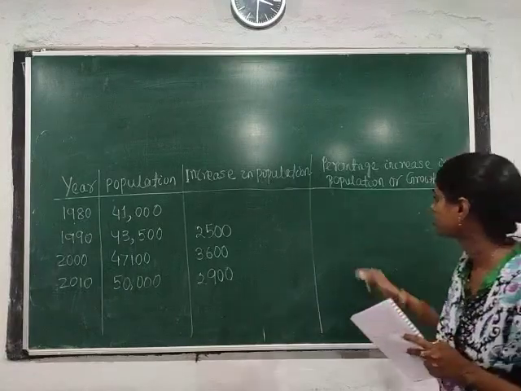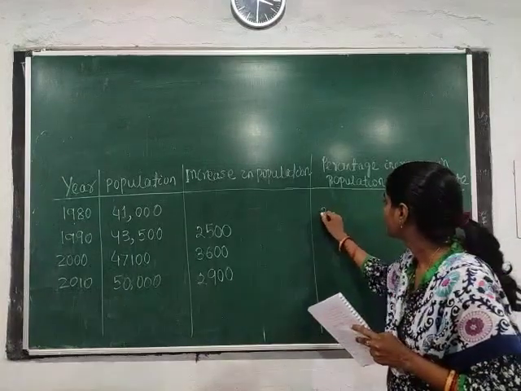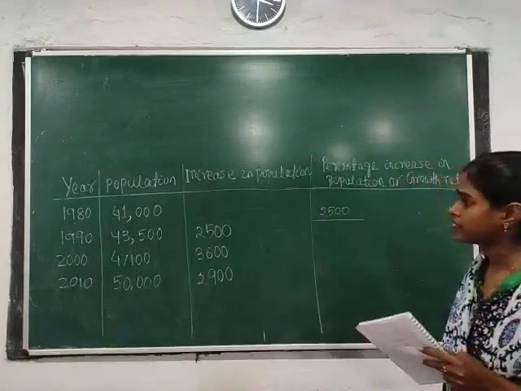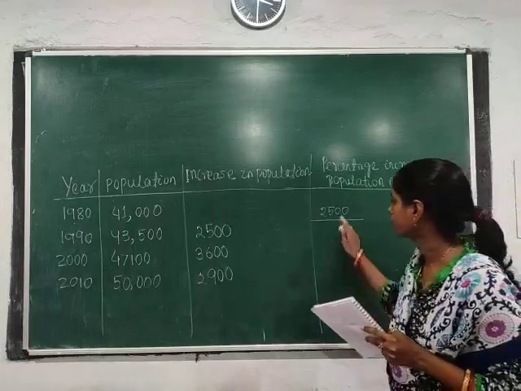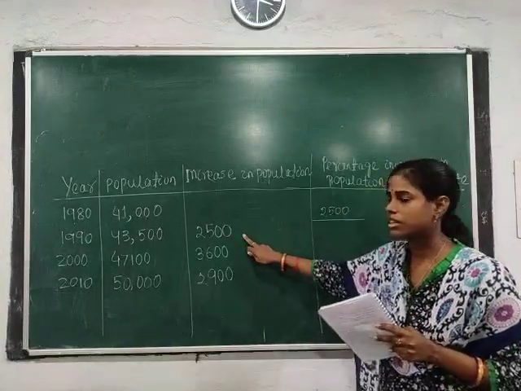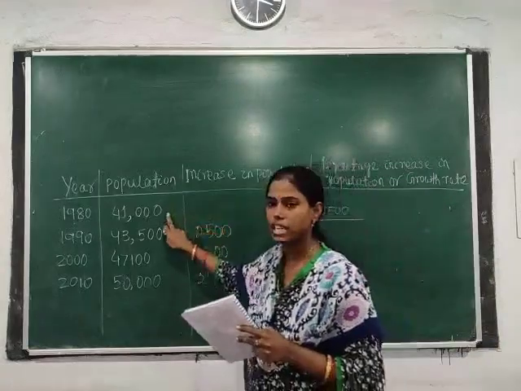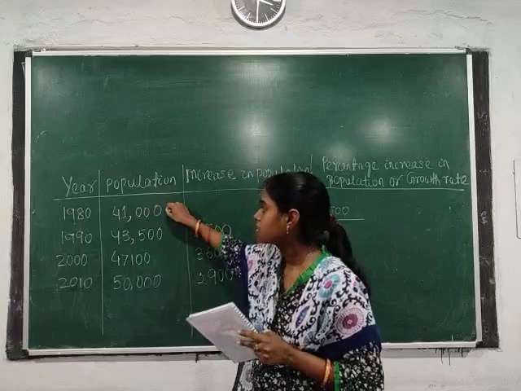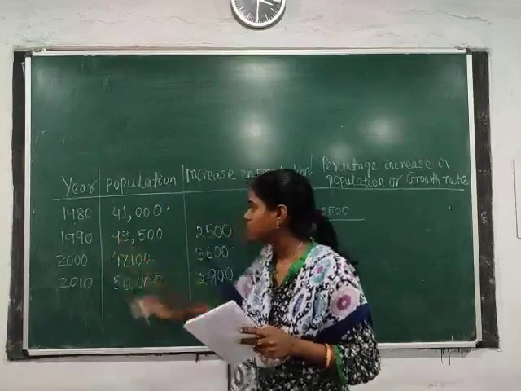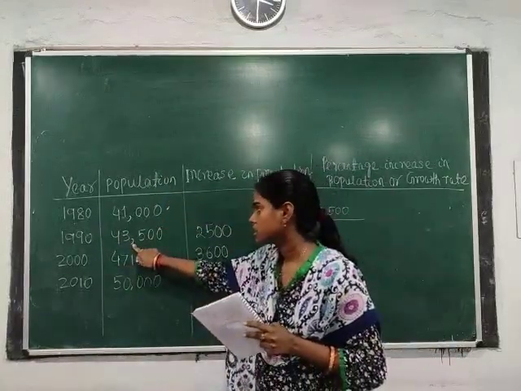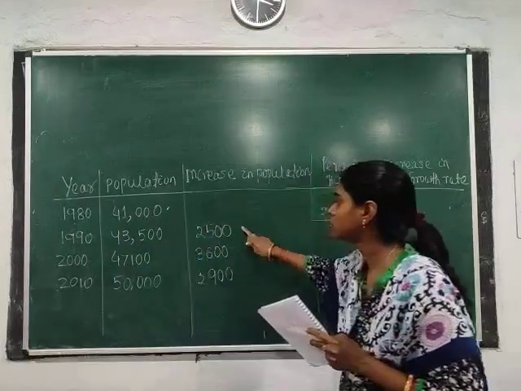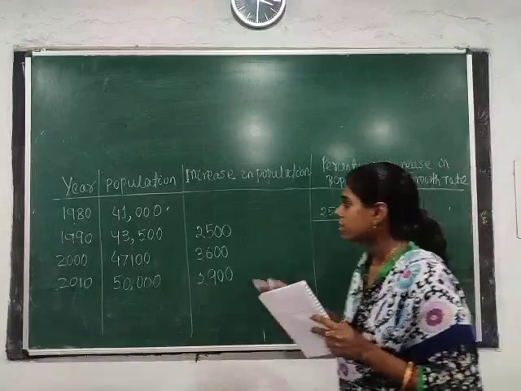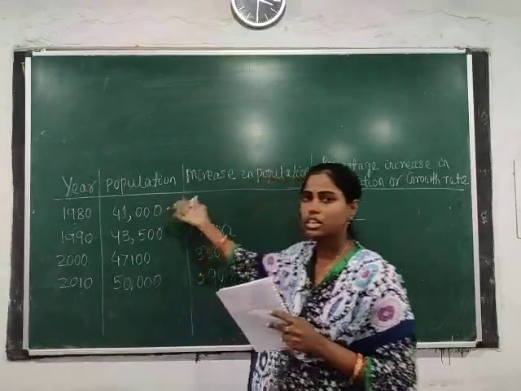As we have discussed, it is obtained by dividing the change in population for the first decade by the original population. The original population in 1980 was 41,000, then after 1 decade it becomes 43,500, so the change in population is 2,500. So 2,500 divided by the original population, 41,000.